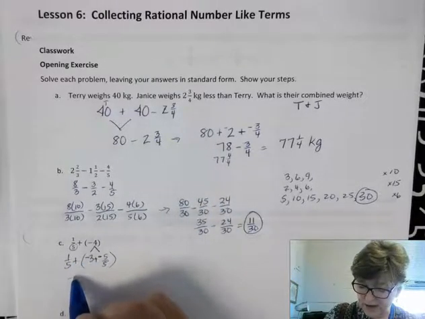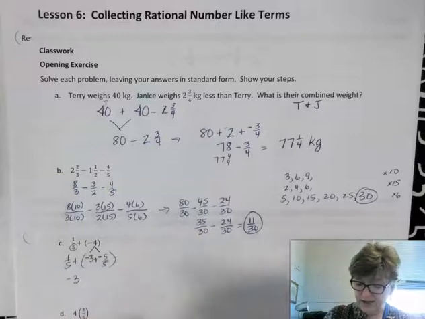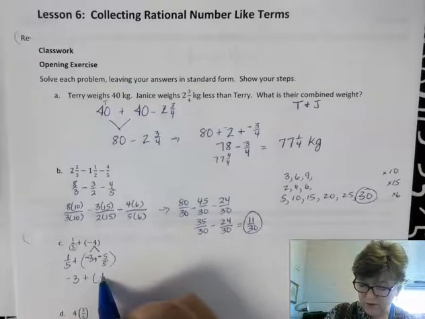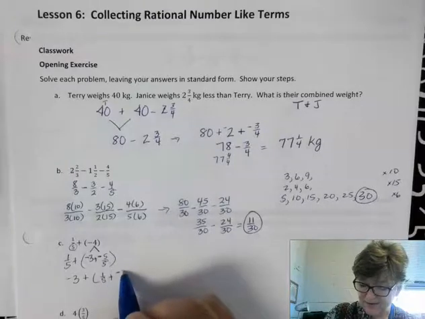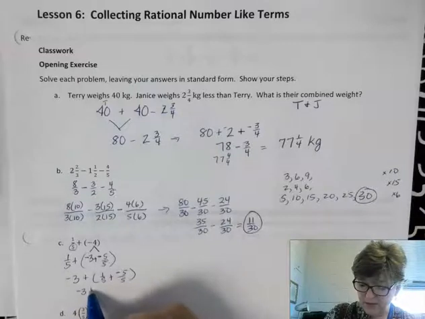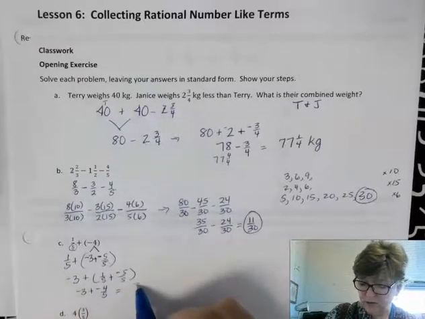I'm going to start with my negative 3, and then I'm going to combine 1/5 plus a negative 5/5. So negative 3 plus a negative 4/5 is equal to negative 3 4/5.